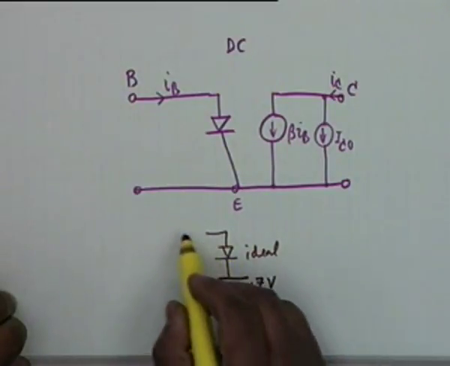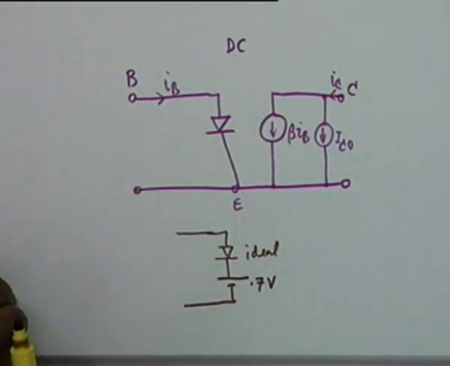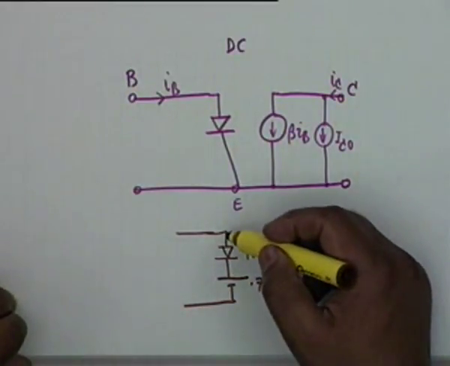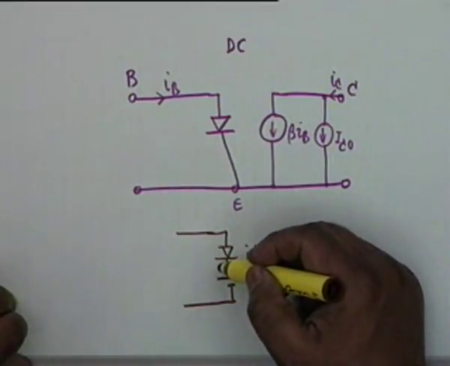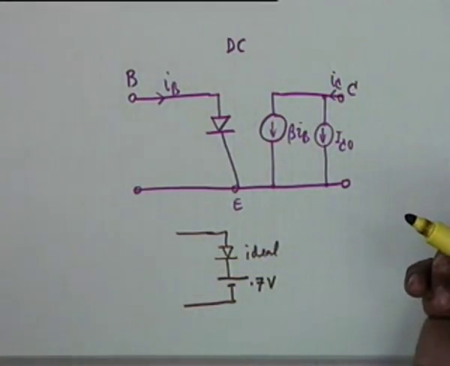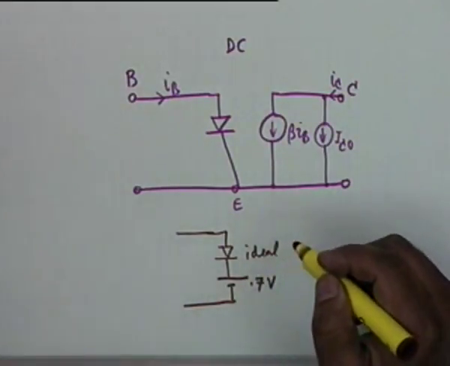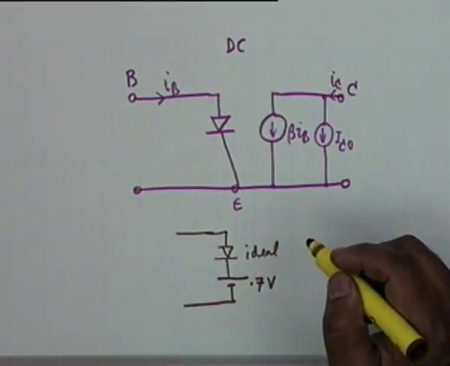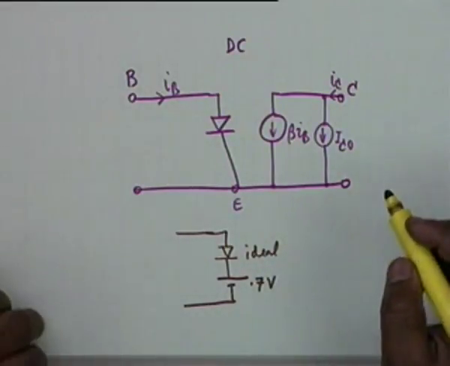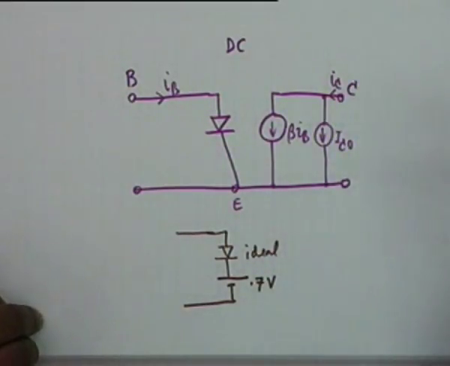That is as far as DC is concerned. When it is AC, we can replace the ideal diode by a short circuit, the 0.7 volt battery by a short circuit, and we shall include a resistance which is equal to R pi. Agreed?